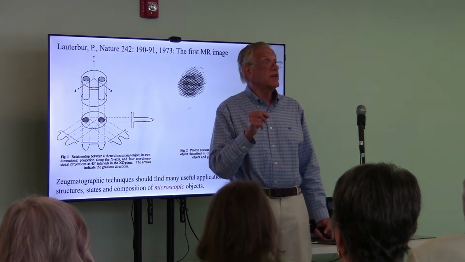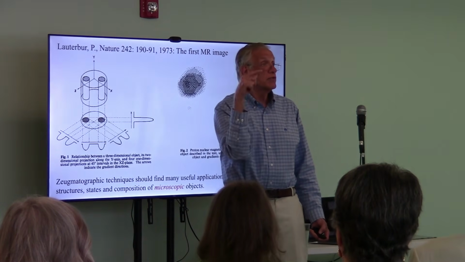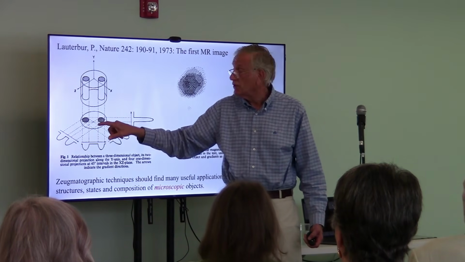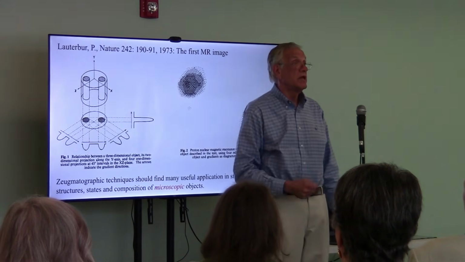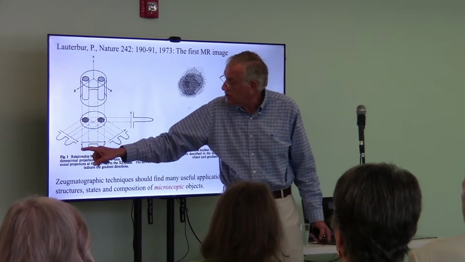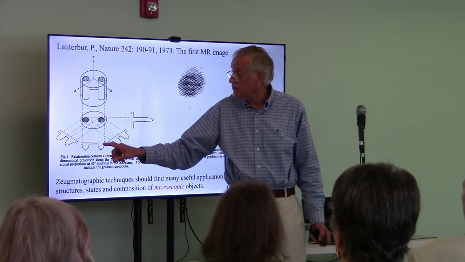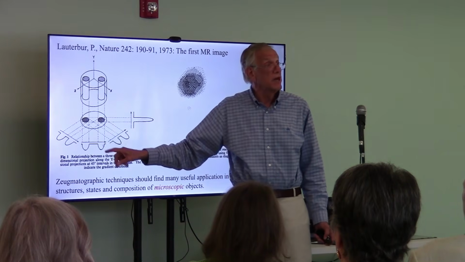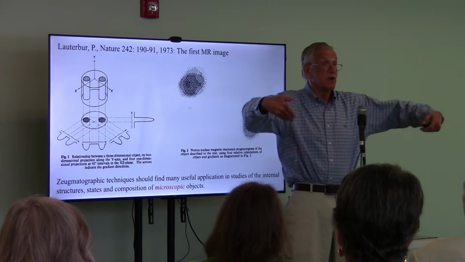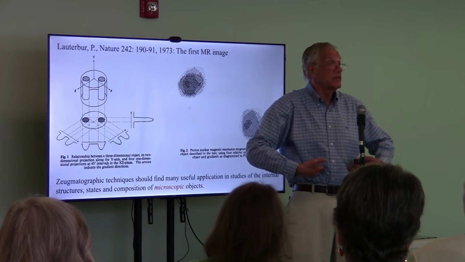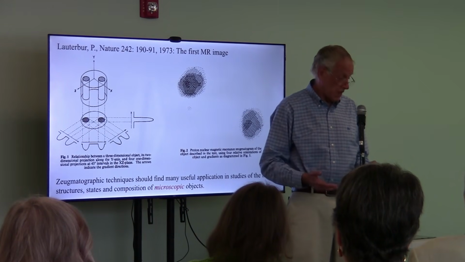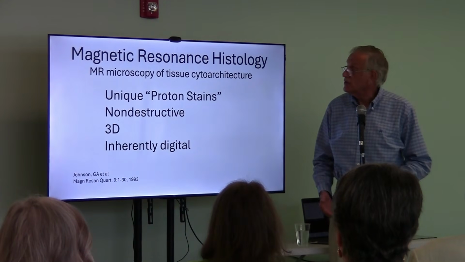So as the strength changed, the precessional frequency changed. So the frequency here was different than the frequency here. So he just took a spectrum. He said, give me all the signal. And all the signal coming from this one shows up there. All the signal coming from this one shows up there. So it looks a lot like what you were getting from the projection of an X-ray system, except now it's the proton signal. But what can you do with that proton signal?